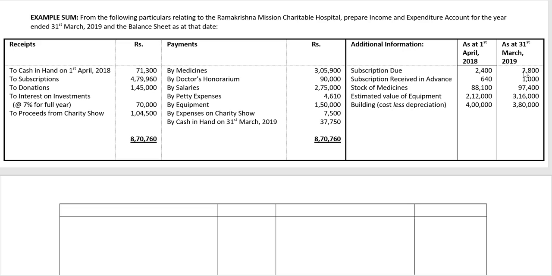So we'll begin by preparing the working note, which is the opening balance sheet. Balance sheet as at 1st April 2018.